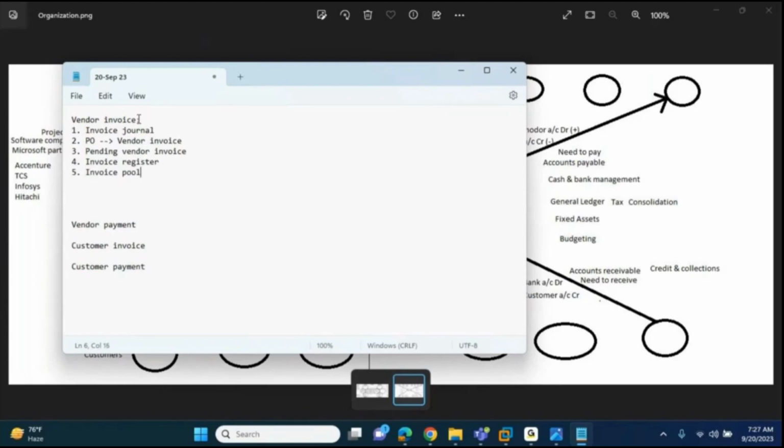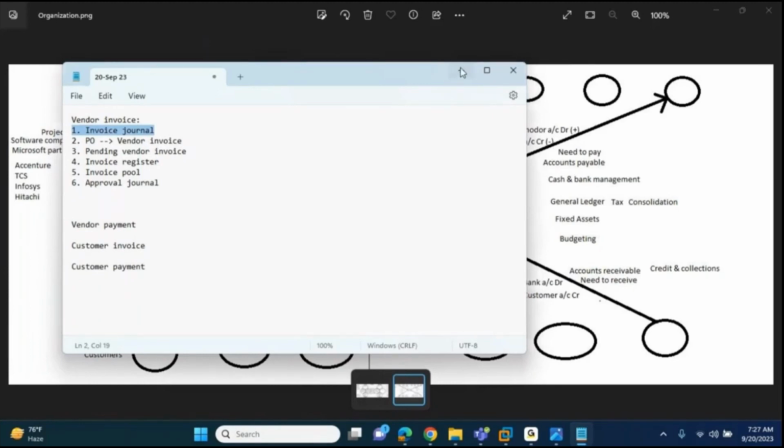Invoice register. Invoice pool. And there is approval journal also, one more. These are the different ways we can do invoice.